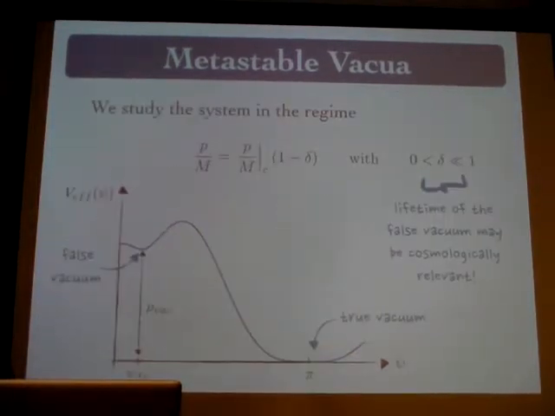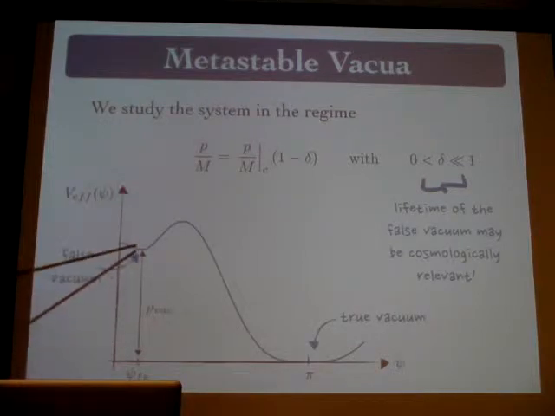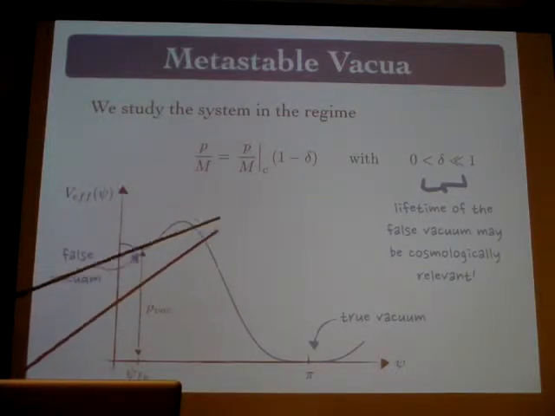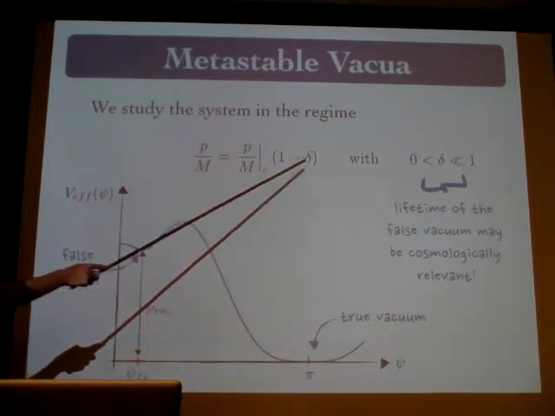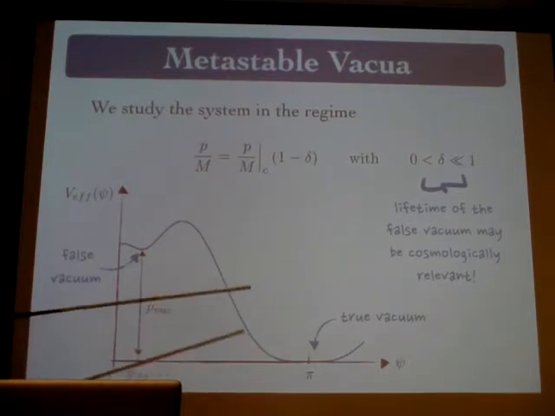Okay, so the authors of Kachru, Pearson, and Verlinde focus on this system in the case where P over M was very tiny. We are going to focus on this system in the regime in which we are very close to the critical situation. So we will be very close to the situation in which this barrier is disappearing. And we introduce this parameter delta just to characterize the fractional deviation from the critical case.